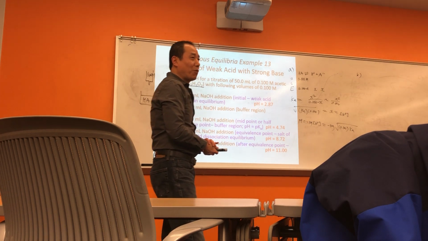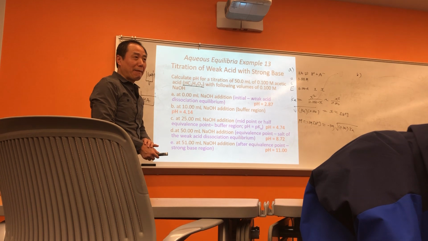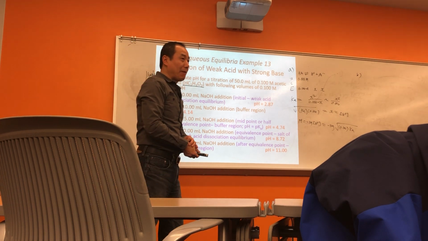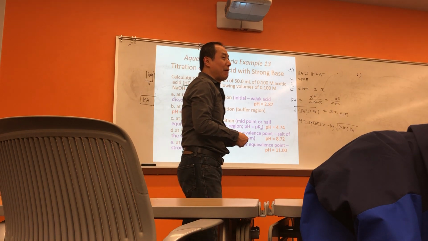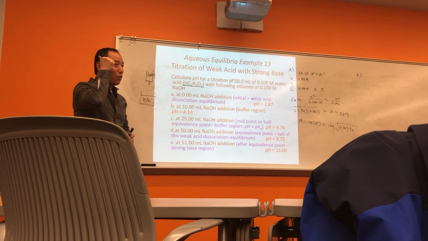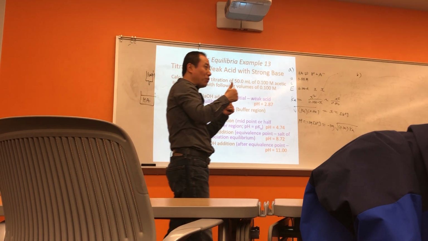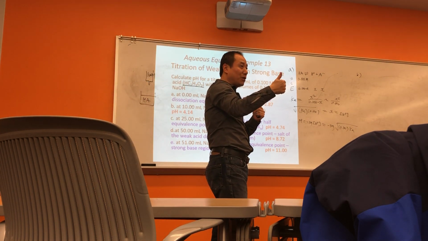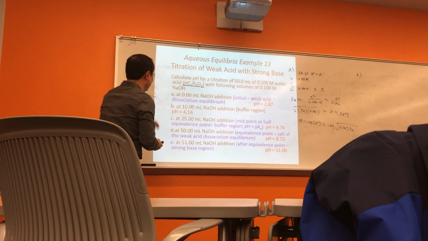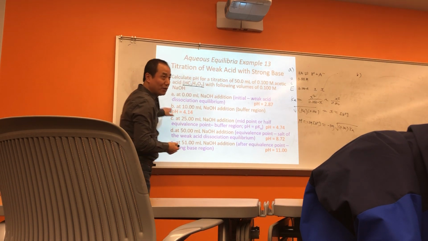That doesn't make it a buffer yet. Because you're adding a small enough amount of strong base that is converting some of the acetic acid into its conjugate base. Yes. You are adding strong base to weak acid, but you are putting less amount compared to the weak acid. Then you make a buffer.